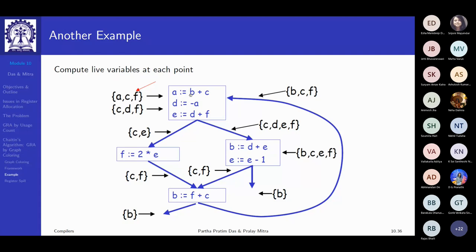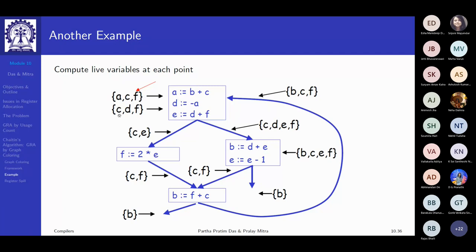B is not live because after this use, B is not used in the remaining part of the basic block, nor is B live on exit. Here you can see that the live variables are CE, here is CDEF, so B is not there. So B does not need to be live anymore. So I say this is ACF, this is what is live.